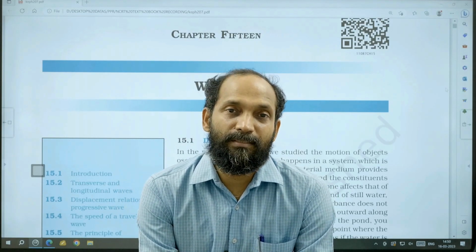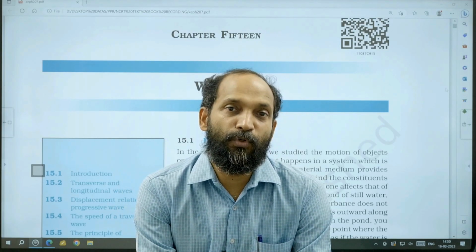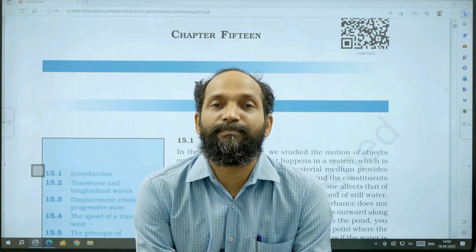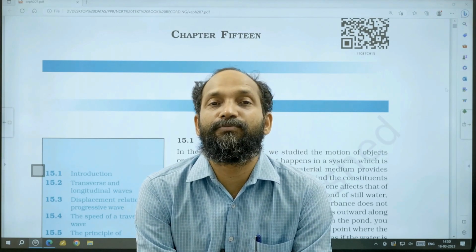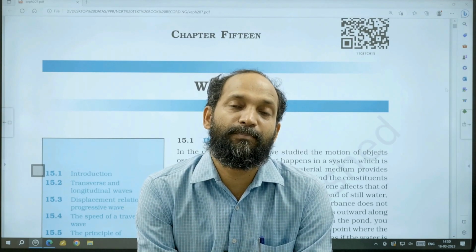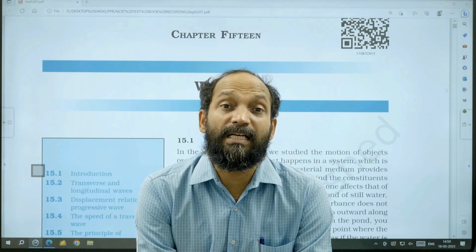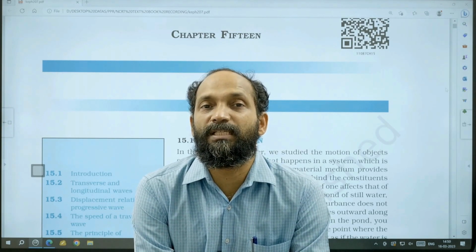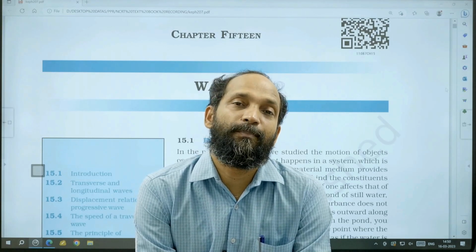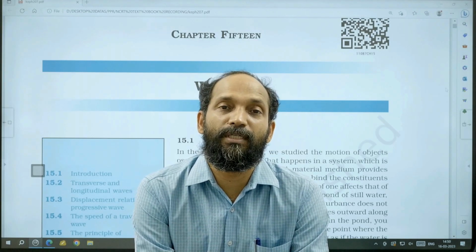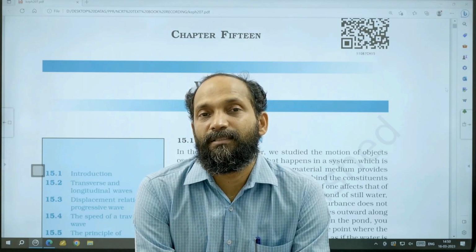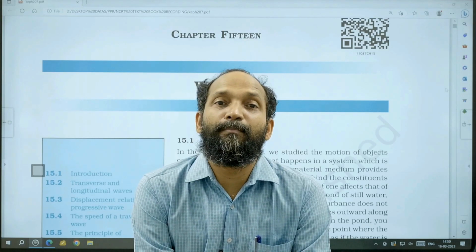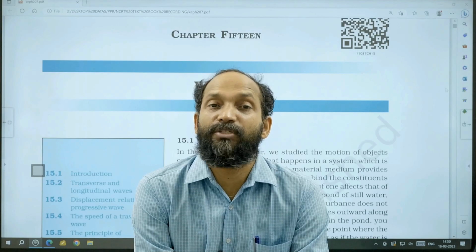There should be a few properties of the medium that should be defined for that medium, and one of those properties is elasticity. The medium should possess elasticity, then only the particles of the medium would oscillate and can come back to the previous state.